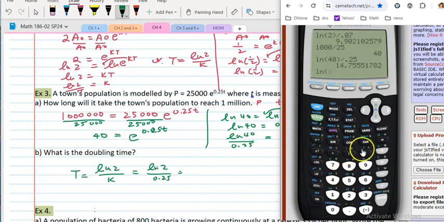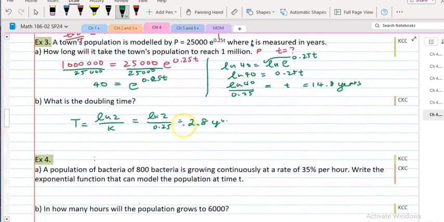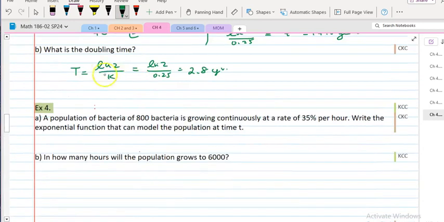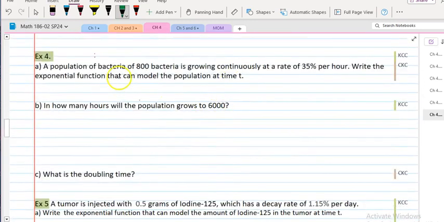It should be very fast because it grows 25% each year. ln2 divided by 0.25 is 2.8 years. So in 2.8 years, it will double. So you can use this; you don't have to solve another one. If it is reaching another value, you have to solve.